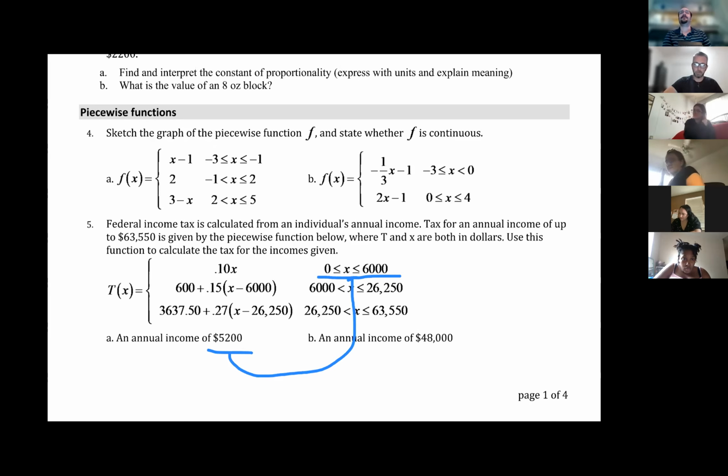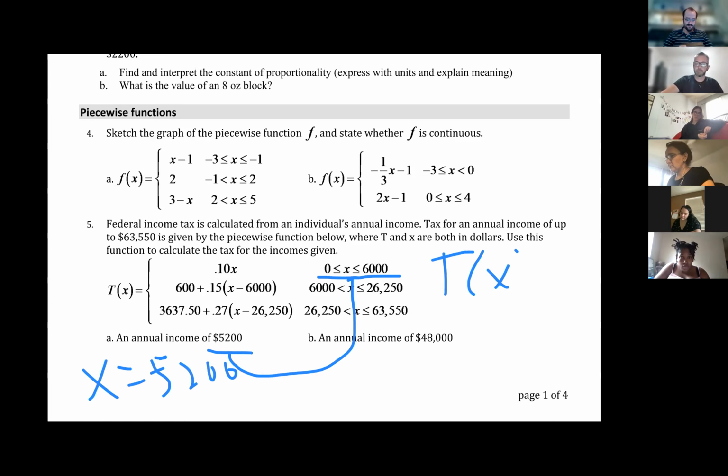So we're looking first at where this thing falls in. This is an x value. They're telling us x equals 5,200. And so when my x is that value, they want to know what my y, or my T of x value, is.